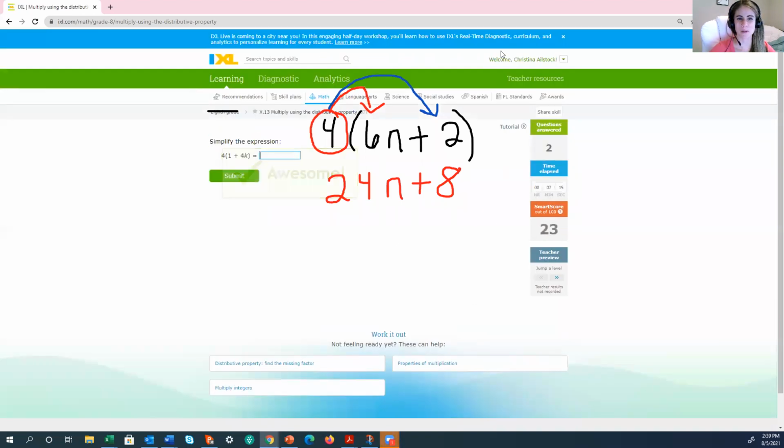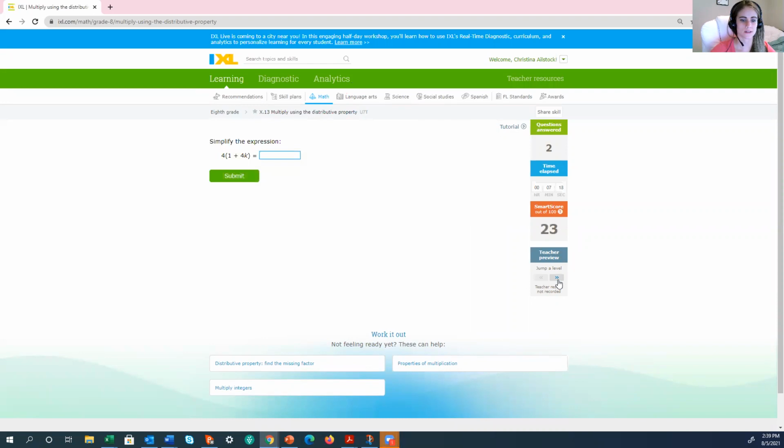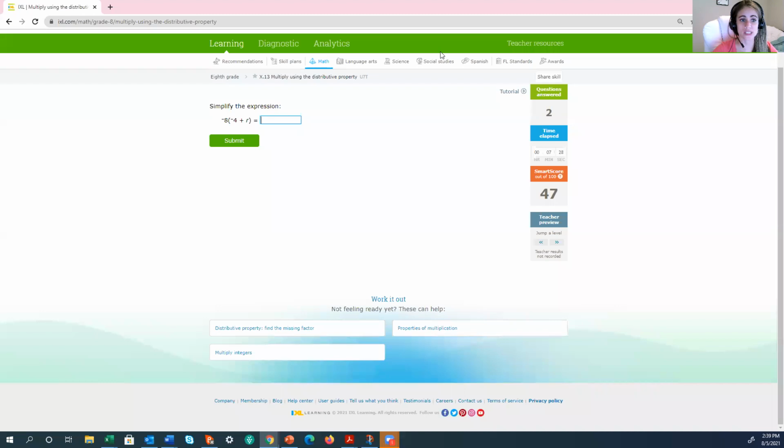All right, let's bump it up a notch. Ooh, this is a good one. We have some negatives involved. The nice thing is the process is the same. You just need to be careful and remember to apply your rules of integers. We have -8 times the quantity of -4 plus r.